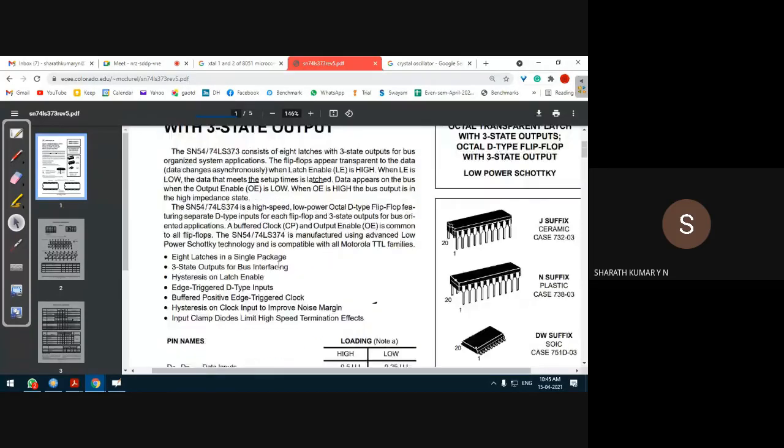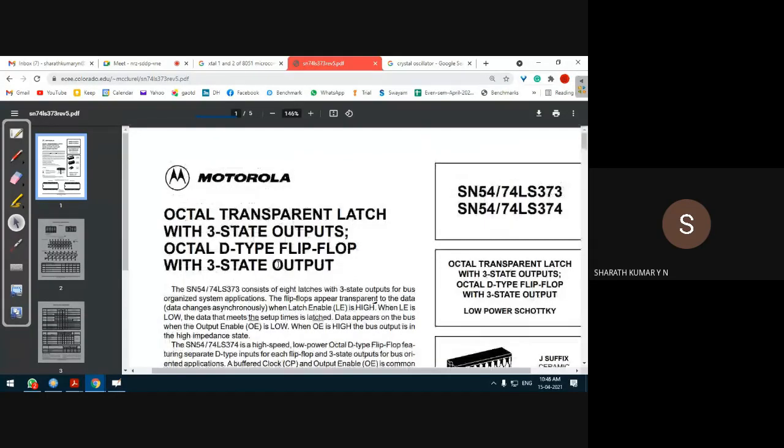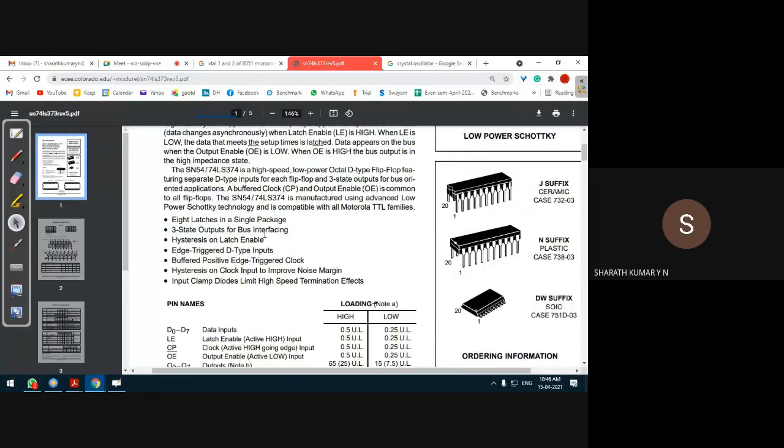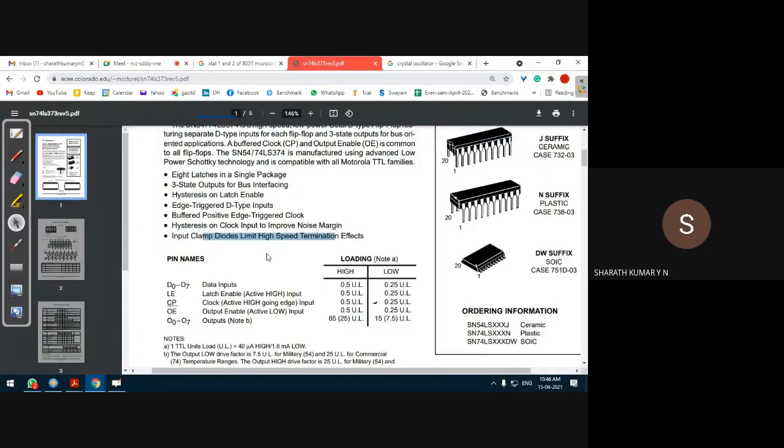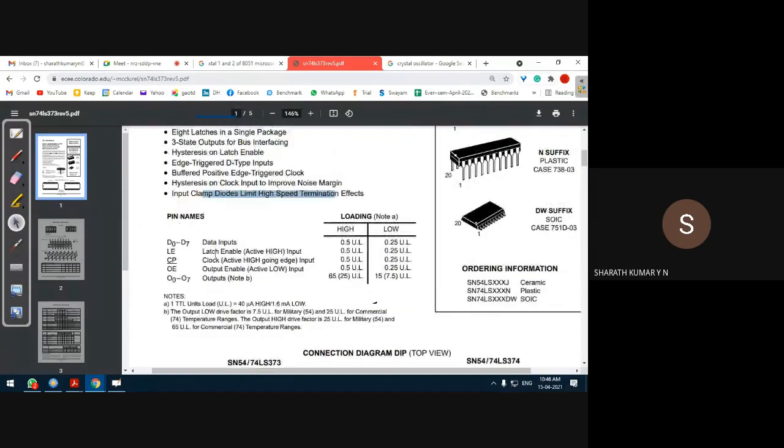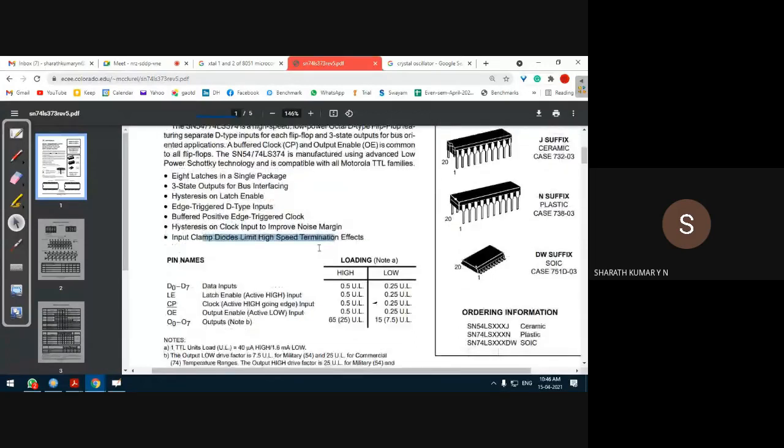Octal D-type flip-flops with 3-state output. Okay, output enable is found, but the G pin, sorry, I'm not able to find it. Let me search later. Possibly in the next class, I'll show it if I can find it.